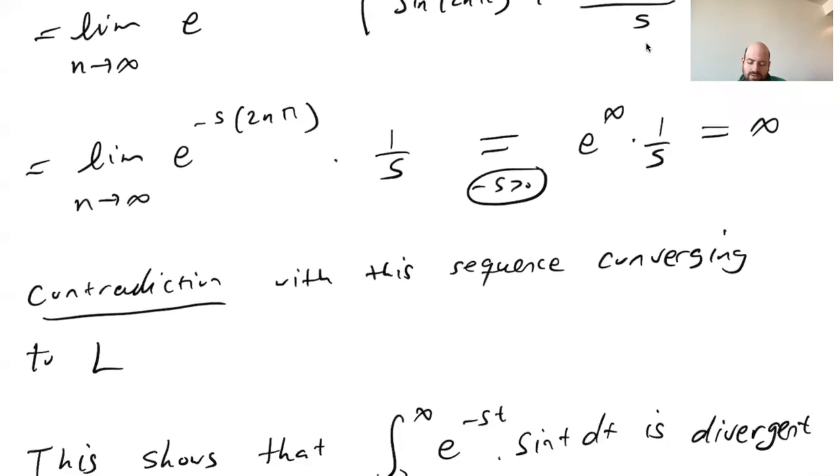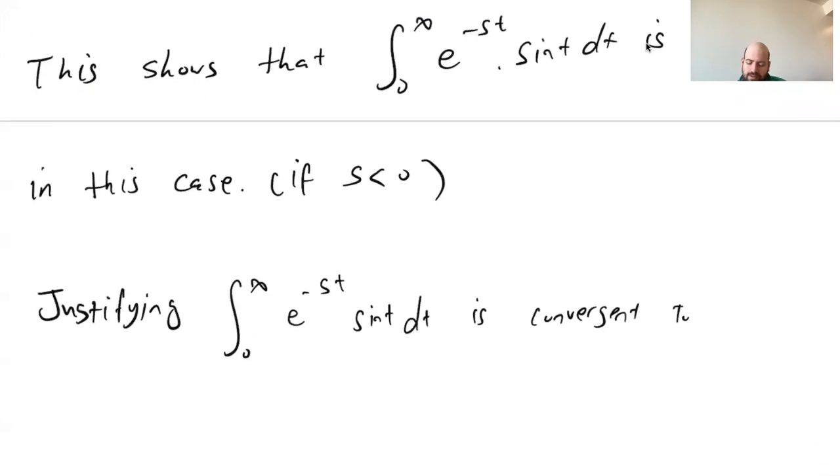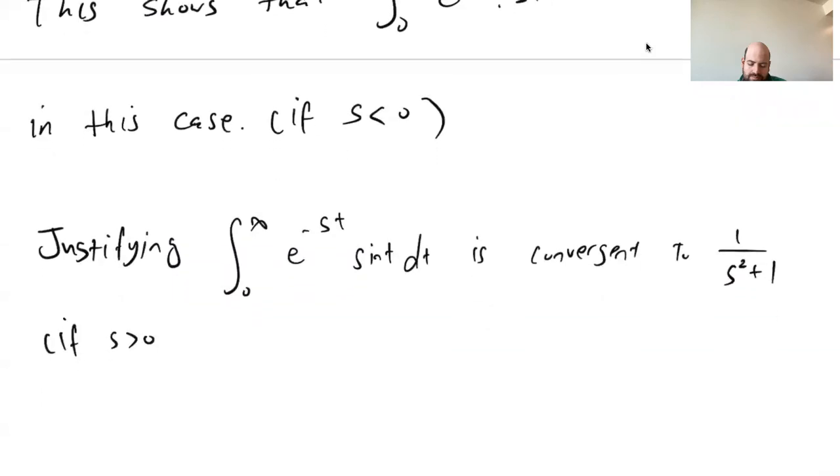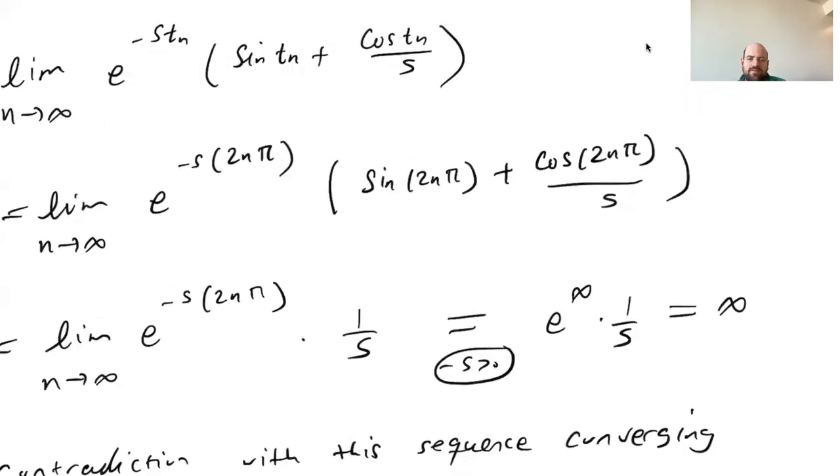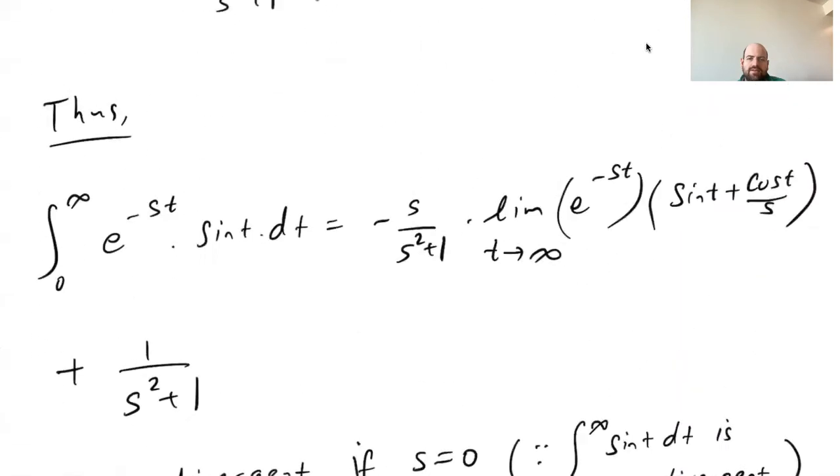So convergent to 1 over s squared plus 1 if s is bigger than 0. How can I verify or justify this? Well, we have to look at the limit that we had there.